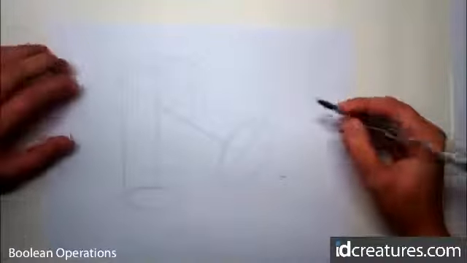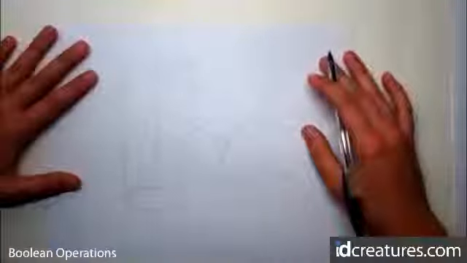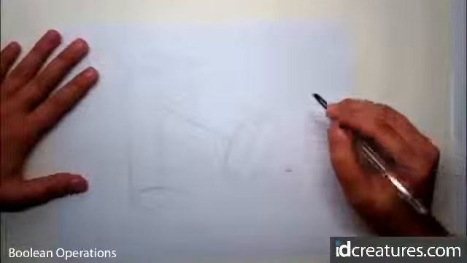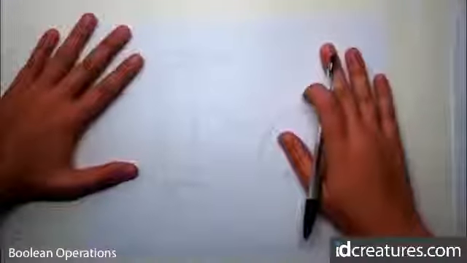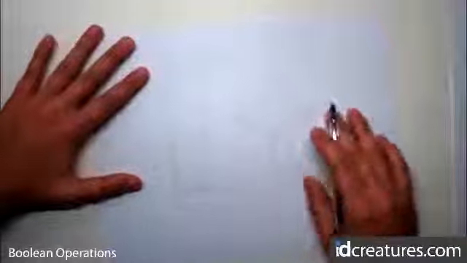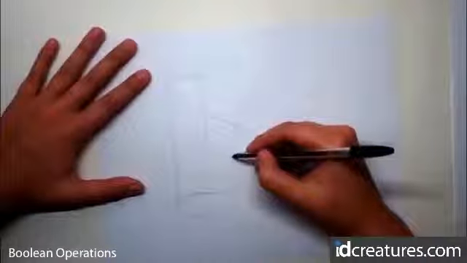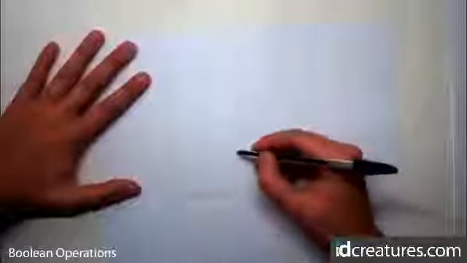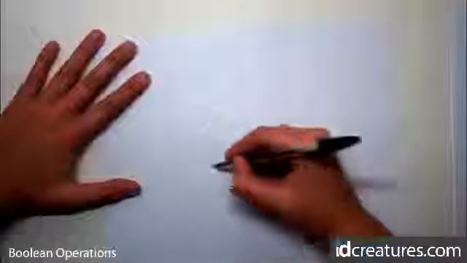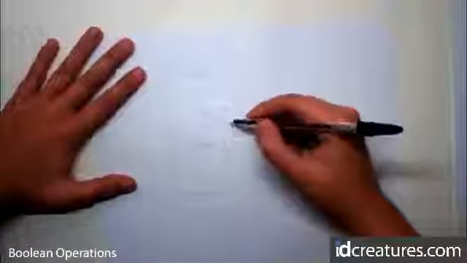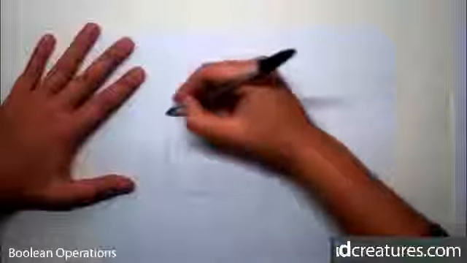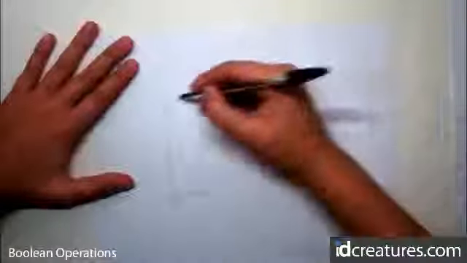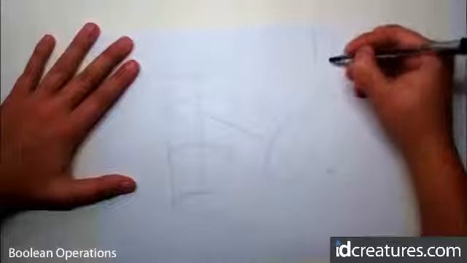Okay, so now I'm gonna do more ellipses, and let me think how I'm gonna explain this. I'm gonna have two ellipses that make a section, or cut out a section of the vertical one, okay? I'm just gonna sketch it here really quickly.